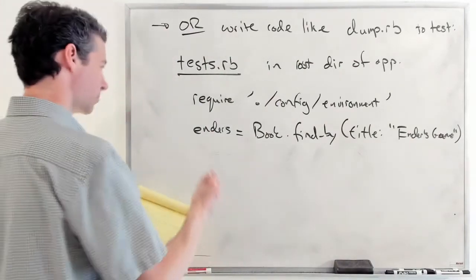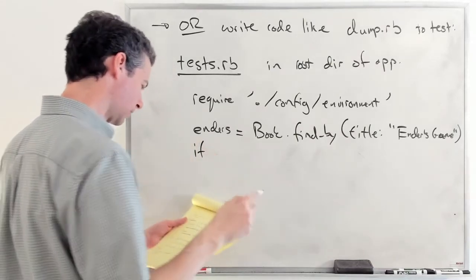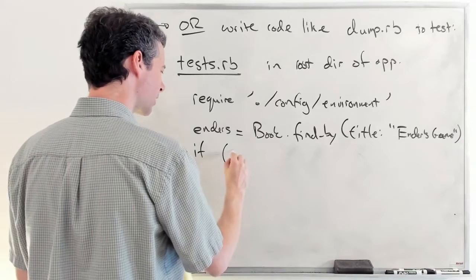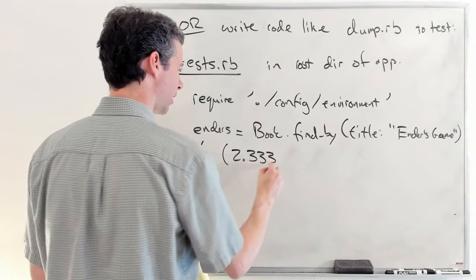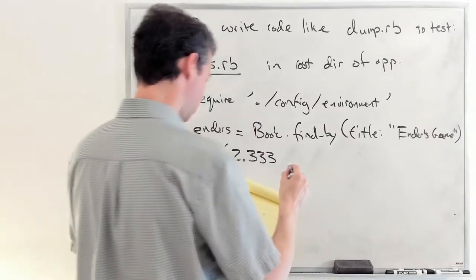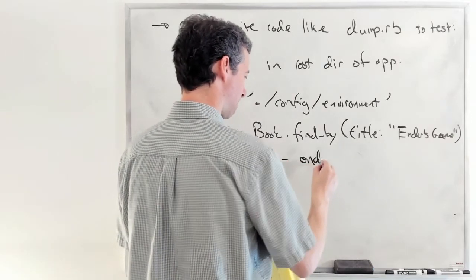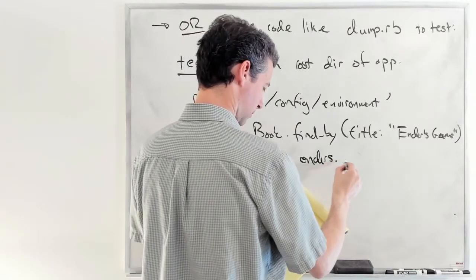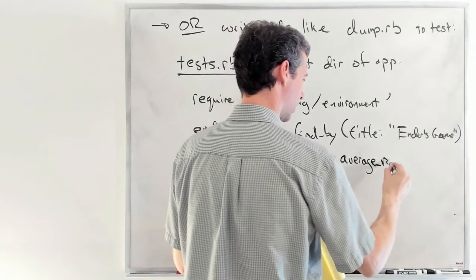Then I could write some code. Now that I have that, my expected output for Ender's Game is 2.33 repeating, but I don't want to write that. So what I'm going to do is 2.33 down to the thousandths minus Ender's dot average rating. So I've got the book, I'm going to call the method on it.